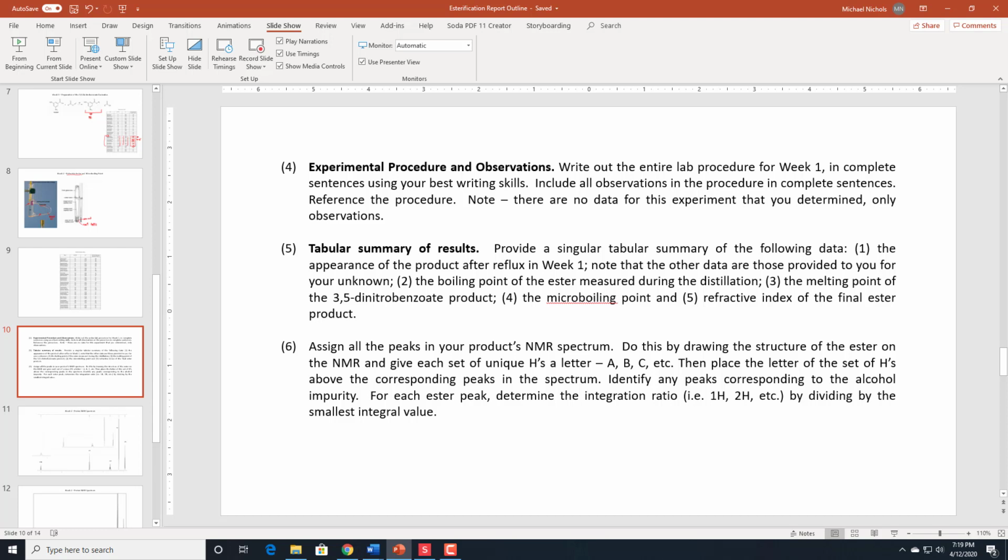So in your tabular summary of results, you would provide the appearance of the product after the reflux. Note that many of them had different colors. You're going to note the other data that are provided in the table that I just showed you, including the boiling point, the melting point, the micro boiling point, and the refractive index.